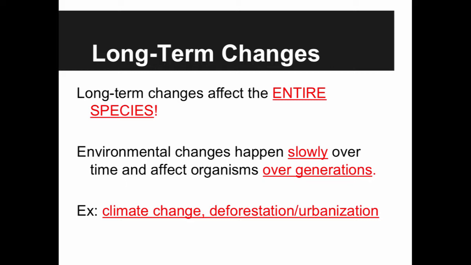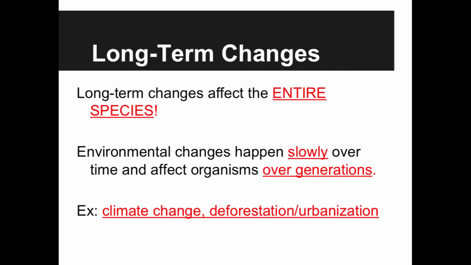It is going to affect the entire species. Environmental changes happen slowly over time, and they can affect organisms over generations. So examples of some long-term changes could be climate change, deforestation, urbanization, things that take a really long time to occur but can affect the entire species over that time.